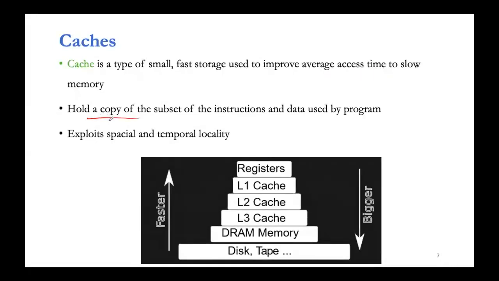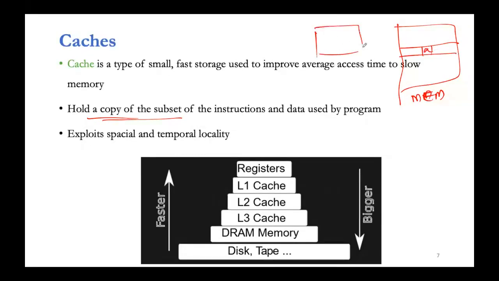Cache can simply hold a copy of a subset. Suppose the main memory is going to load data A, then the cache will just hold a copy of this data, but the actual data will be there in the main memory itself.